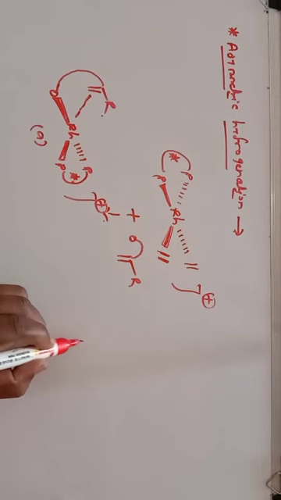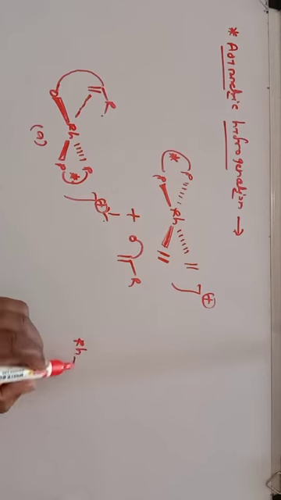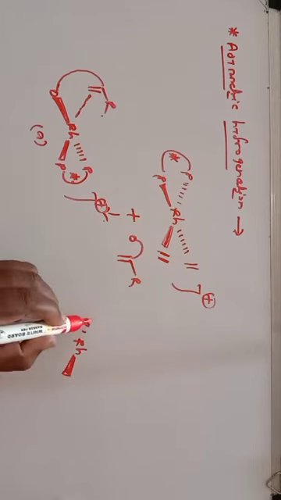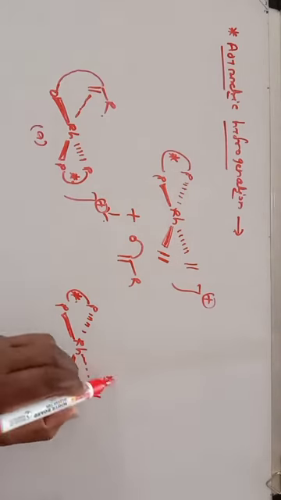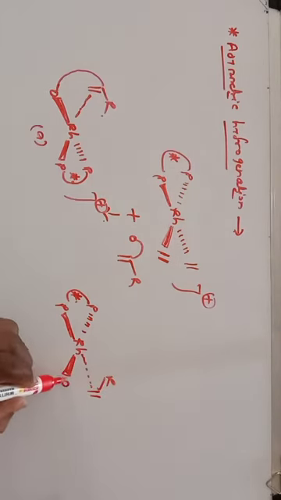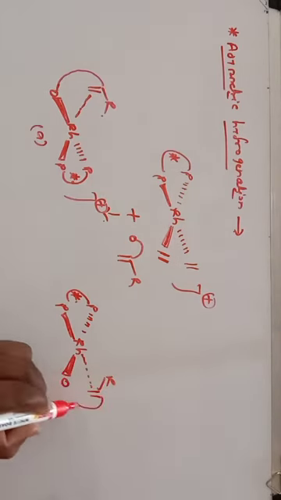So what you get here? Rhodium is there. This phosphorus, this phosphorus is there. Here double bond R is there, and here this is your oxygen which is attached to this double bond, having positive charge.